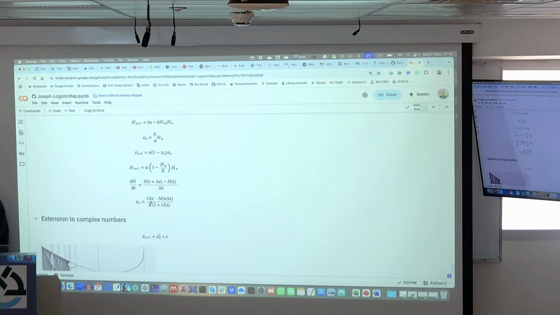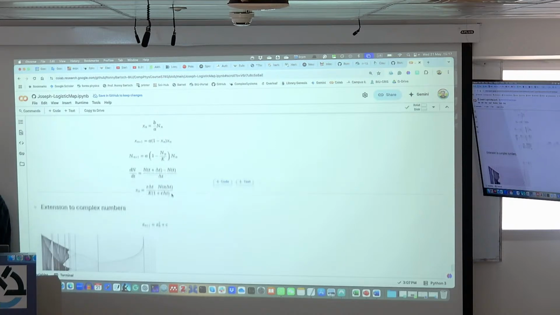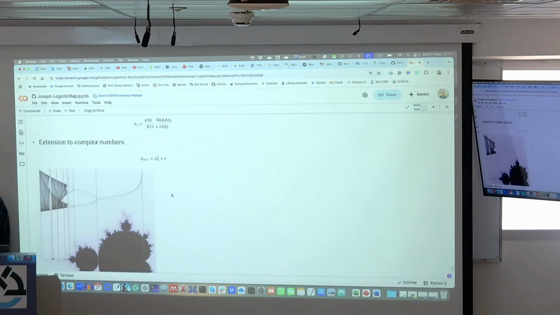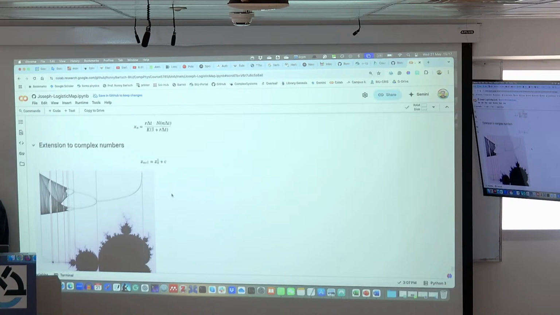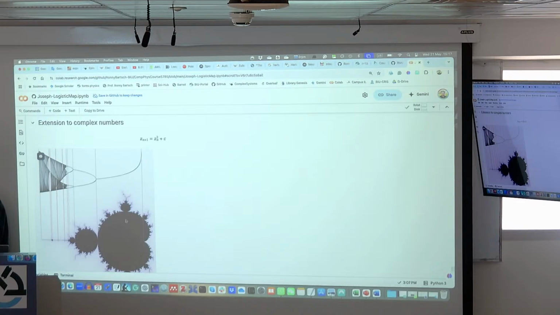If you set delta t to very small, you can plot step by step how xn evolves. And then is the picture where you show me. Here is how this picture is plotted. The z and c are all complex numbers, and you just calculate z n plus 1 again and again.